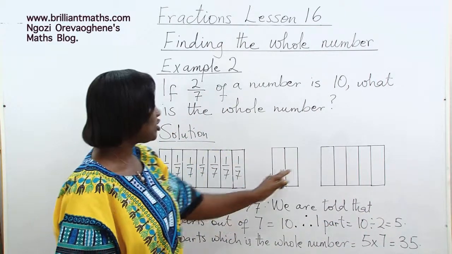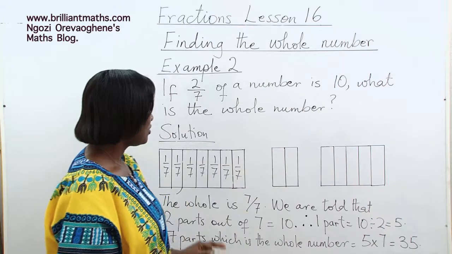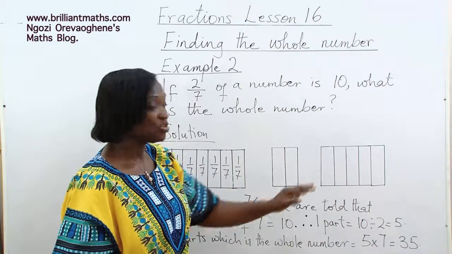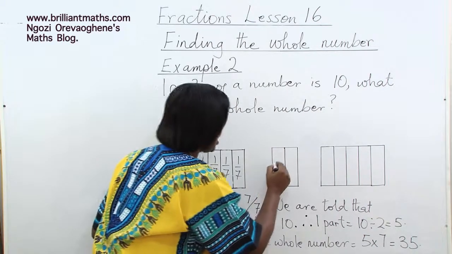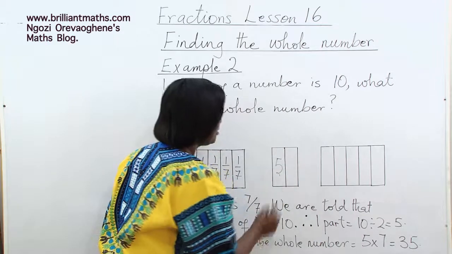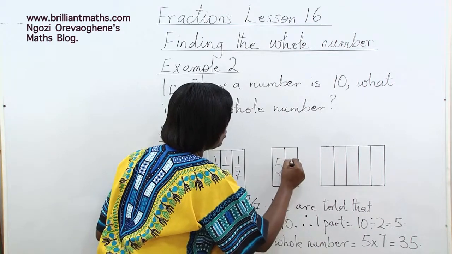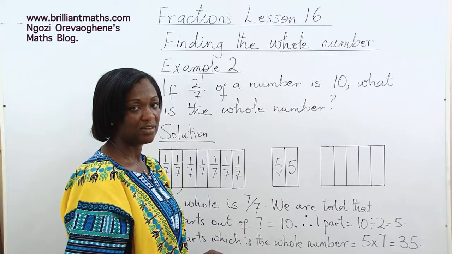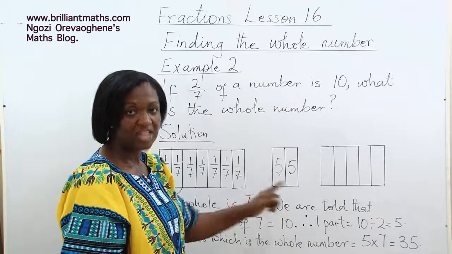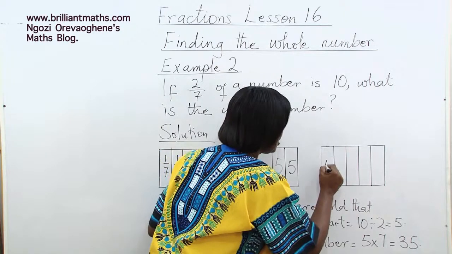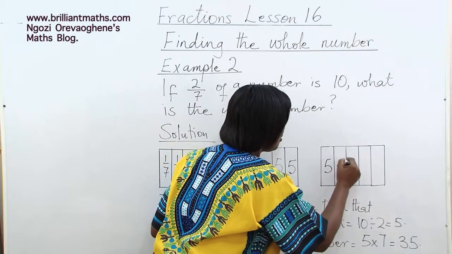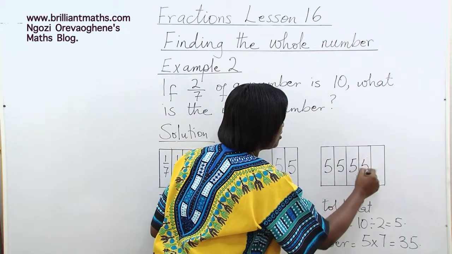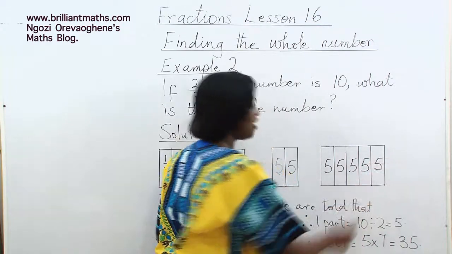If we show that on our diagram, 2 parts is 10, so 1 part is 5. So that means that this is 5, and this is also 5. So these are the two parts that is equal to 10. And then the rest, each part is 5. So let's see. 5, 5, 5, 5, and 5.